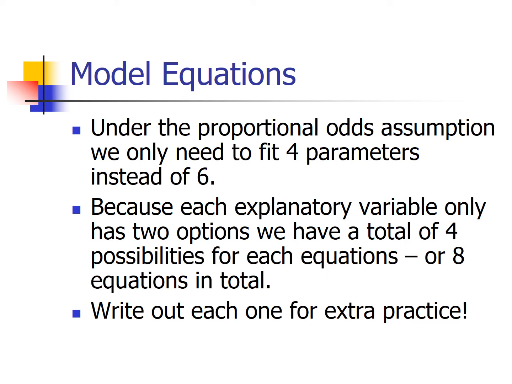So there are 4 covariate patterns: large car seatbelt, large car no seatbelt, compact car seatbelt, compact car no seatbelt. So 4 covariate patterns, but 2 equations. If we were to write everything out, that's a total of 8 equations. I'll leave it to you if you want to write all of those out. I give us a little bit of a taste of it in an upcoming slide.